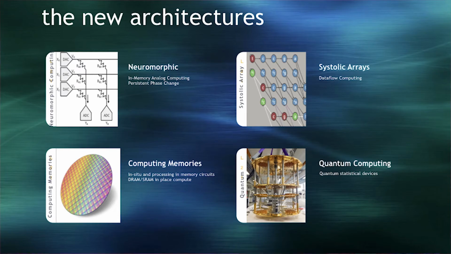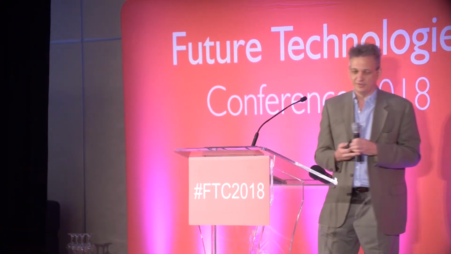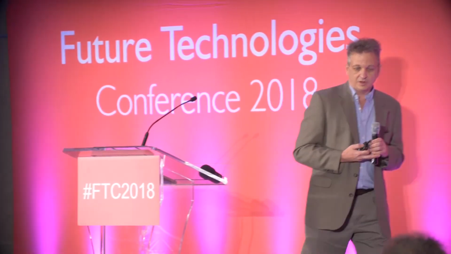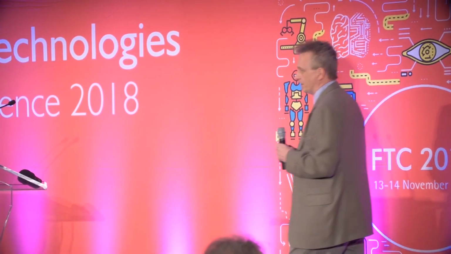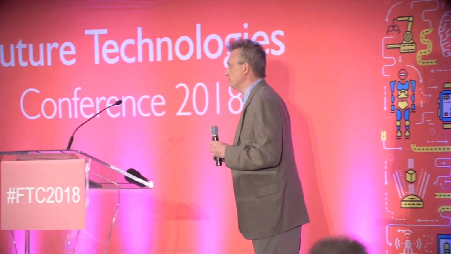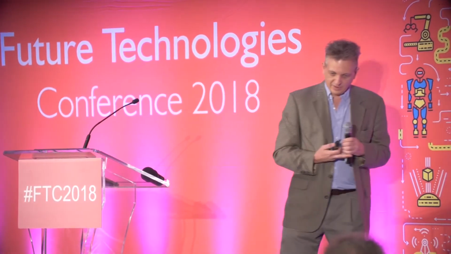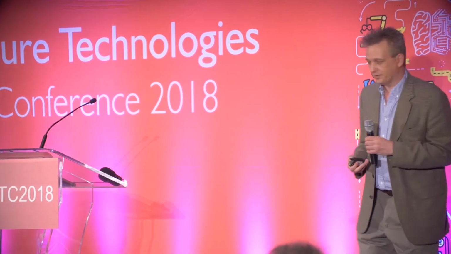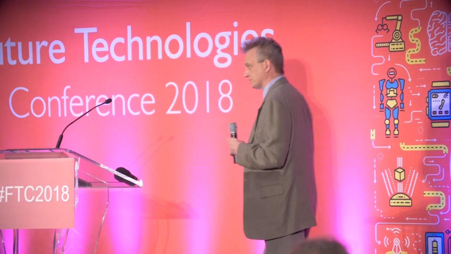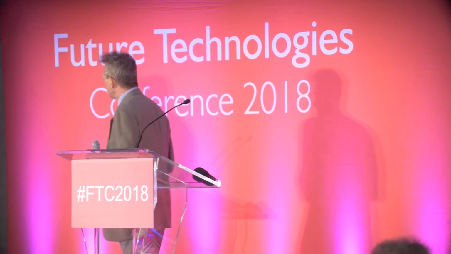Systolic arrays, I'm going to talk about those shortly. That had a heyday at one time in the late 80s. Computing memories. These are a way to break the von Neumann barrier by not moving data at all. And of course, quantum computing, which we'll hear a lot more of at this conference and tomorrow.